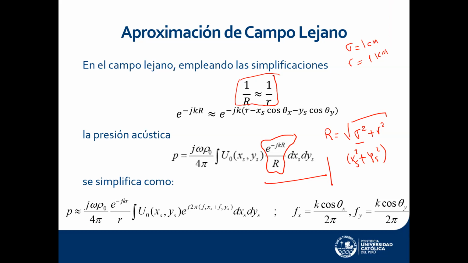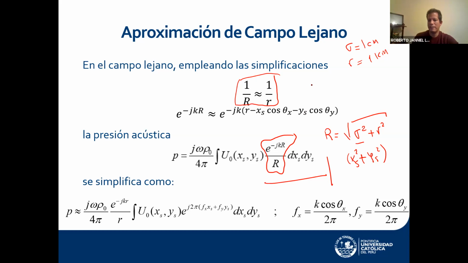This follows along the intuition that in practice, if r goes towards infinity, then capital R goes to little r. That kind of makes sense, right? So 1 over capital R can go to 1 over little r. And that would create the impression that this term should go to e to the minus jk little r.